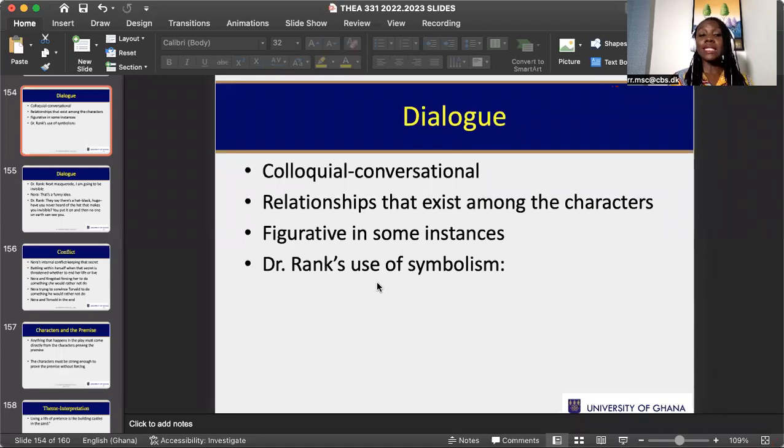Because it is a realistic play, realistic plays are plays that are designed to look like real life. Okay. And so the language or the dialogue has to feel like the way we have our conversation every day. Okay.